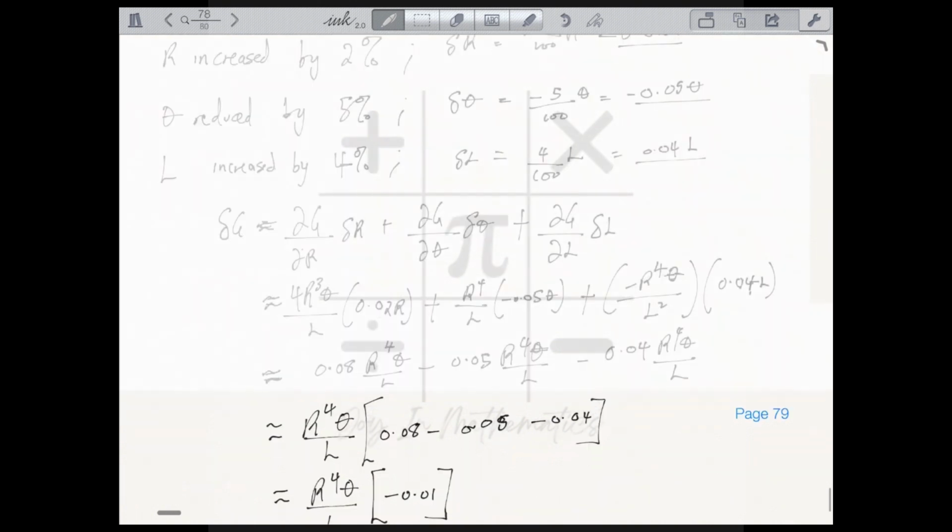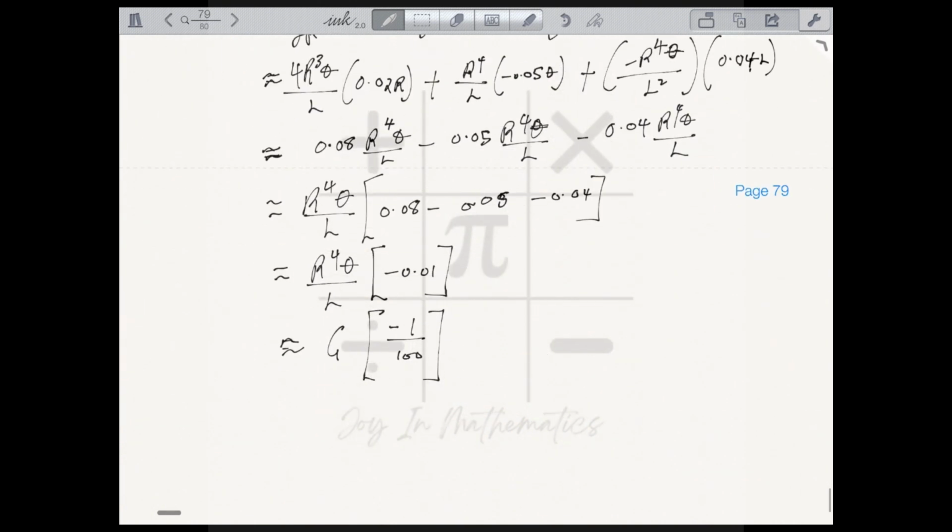Hence, we can say that the approximate percentage error in G is a 1% decrease.